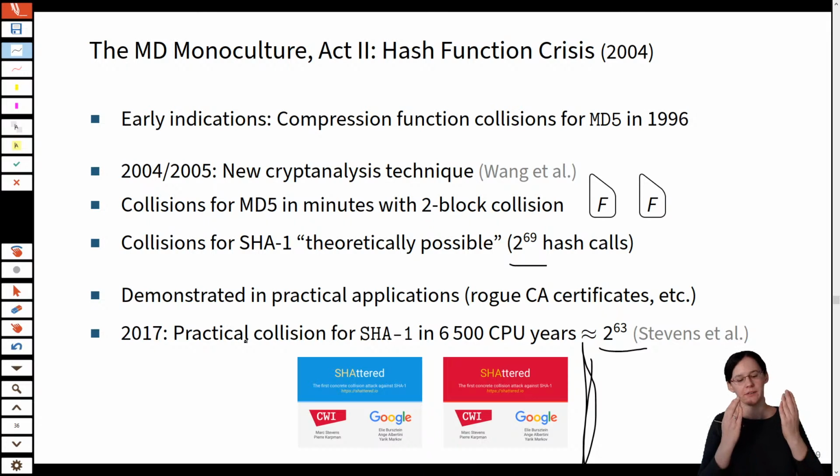But if you build two certificates which have a colliding hash value, where one of them allows this and the other does not, and you go to a CA and get the one signed, then the signature will also be valid for the other certificate, which would then give you extra powers, such as the ability to sign other certificates. This is called a rogue CA certificate because it allows the attacker who created the collision to essentially sign whatever they like, and it will be accepted by major browser vendors, for example.